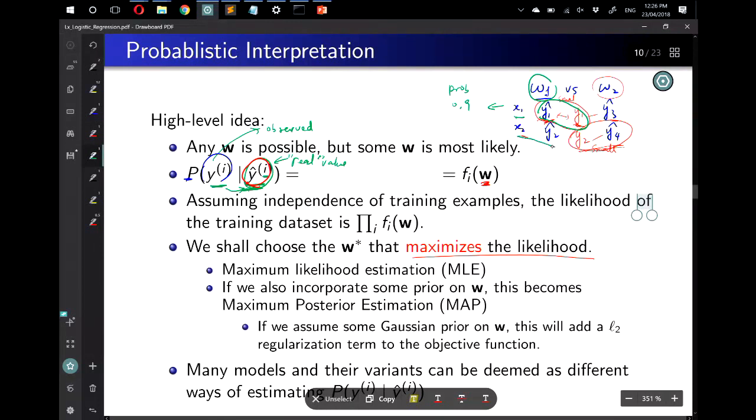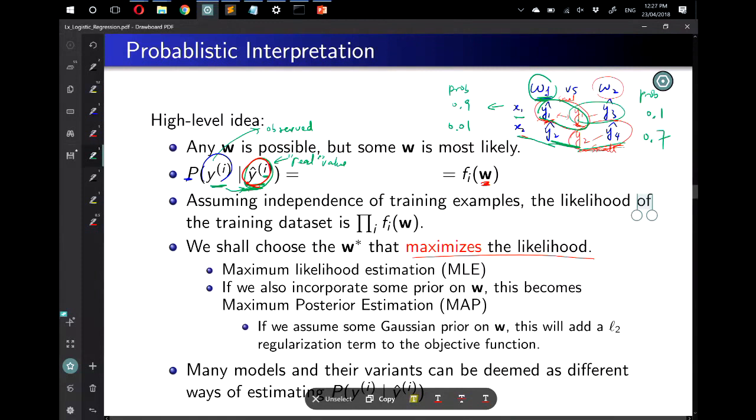But if you use this W1 at the second point, Y2 estimates and Y2 are very far away. So the probability could be 0.001, right? And the same thing here, because here y3 and y1 are quite different, you can say this is only 0.1, let's say. And y2 and y4 are quite close, but not that close. It could get something like 0.7, right?